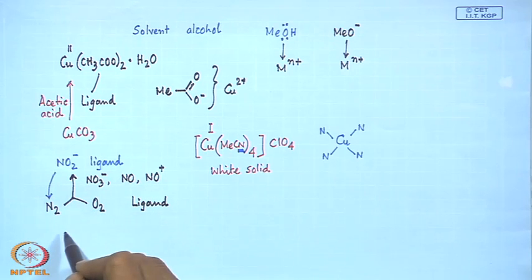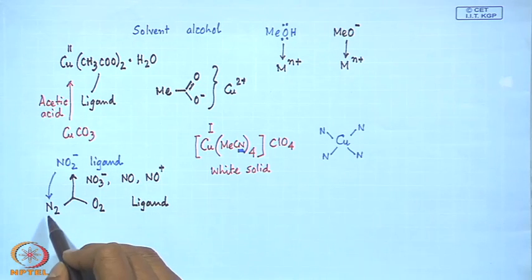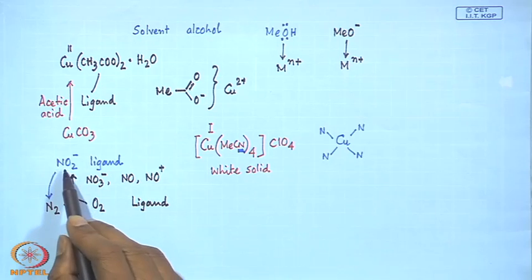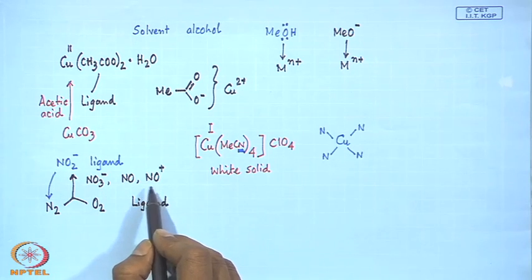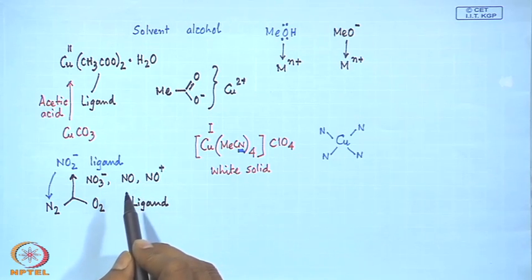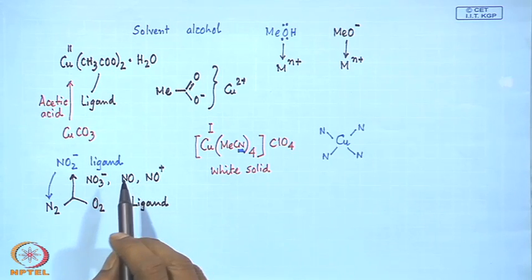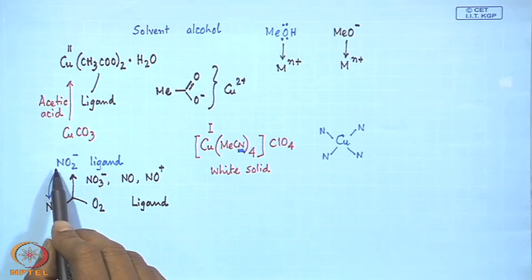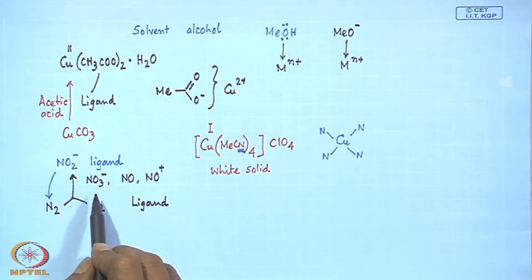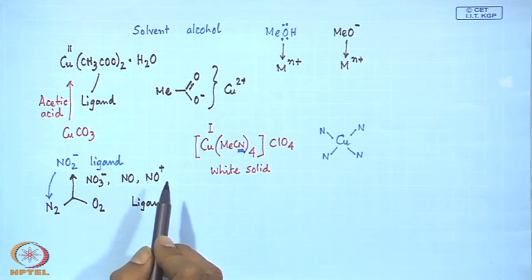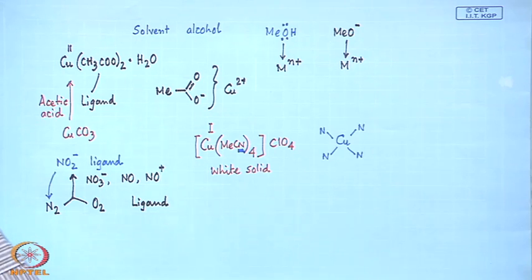So, during the conversion of ammonia molecules to nitrite, nitrate, NO, NO plus, if there is an intervention of the metal center, the metal center will bind to all these species and basically go for their activation for their immediate conversion.